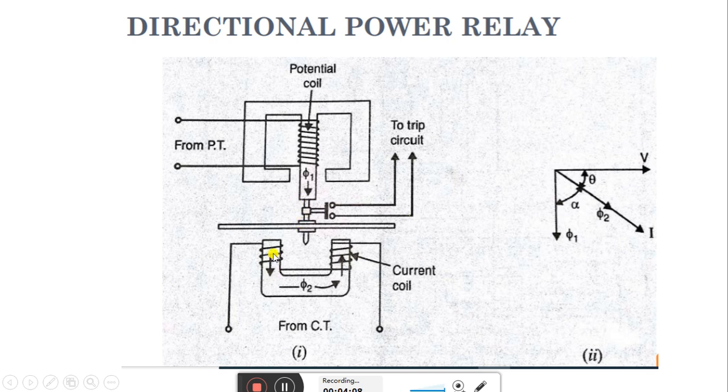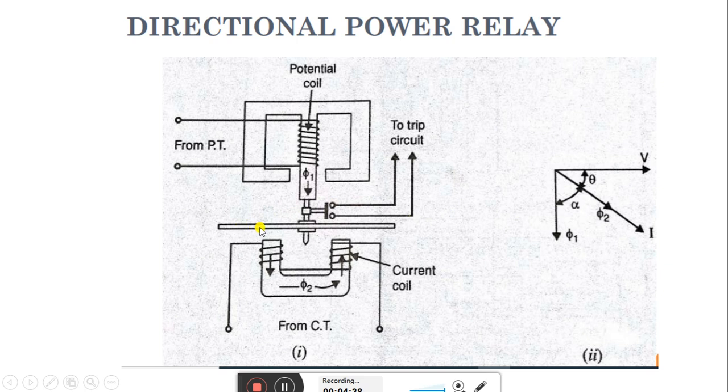Now what about the lower magnet? The lower magnet is U-shaped and carries a current coil, and this current is supplied to the lower magnet from the current transformer, in series. This current provides a flux phi2 in the lower magnet.